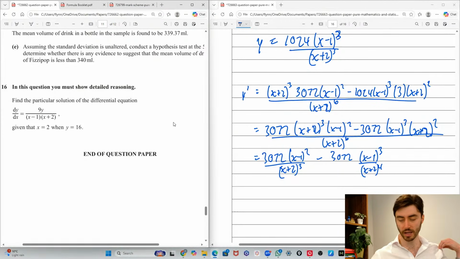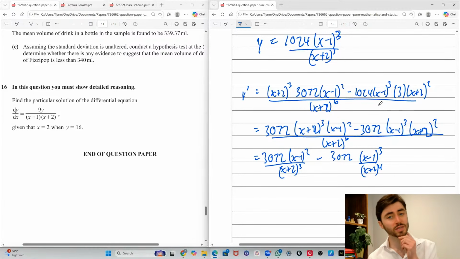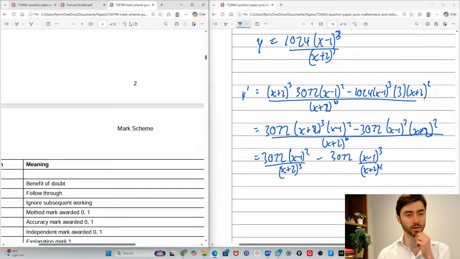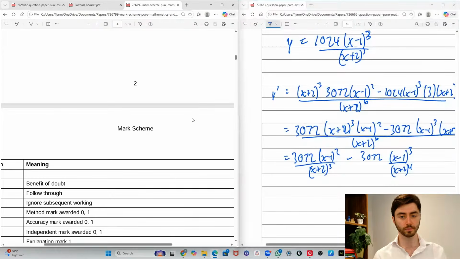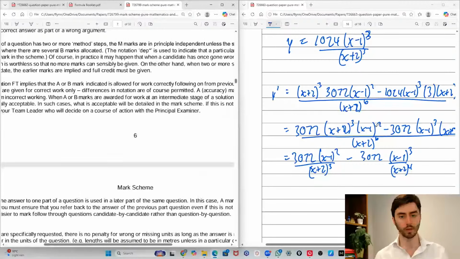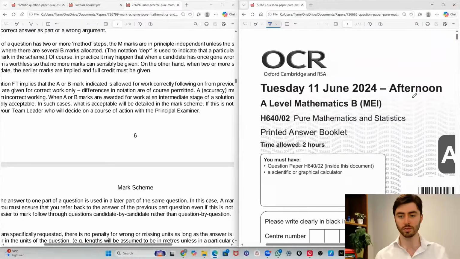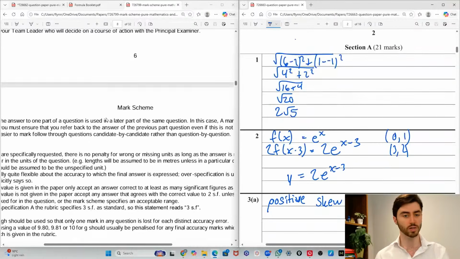I have checked. It is mark scheme time. Especially for some of those stats, I'm just so curious. Let me scroll to the top. Now, question 1.